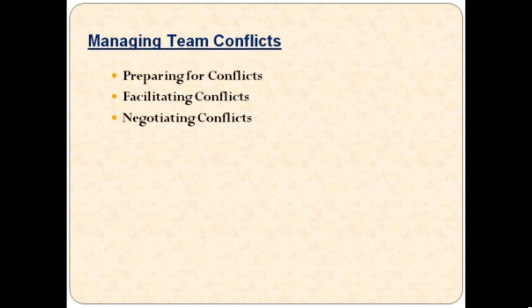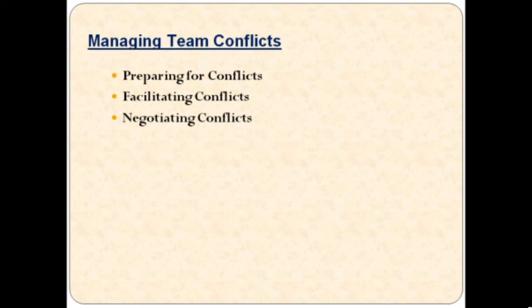The third technique is negotiating conflict. Negotiation or bargaining is a process by which two sides engaged in a conflict exchange offers and counter offers in an effort to find a mutually acceptable agreement. One of the most important dimensions in understanding how negotiation works in conflict resolution is whether participants have a win-win or win-lose perspective.